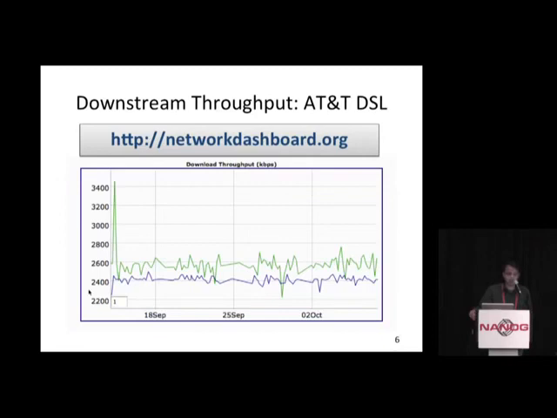These measurements are over a period of 3 weeks, and the router conducts these download measurements about every 2 hours. The two lines denote the two different kinds of tests. The green line is the multi-threaded test, and the blue line is the single-threaded test. The multi-threaded test shows about 2.6 megabits per second down, and the single-threaded test gives about 2.4 megabits per second down.